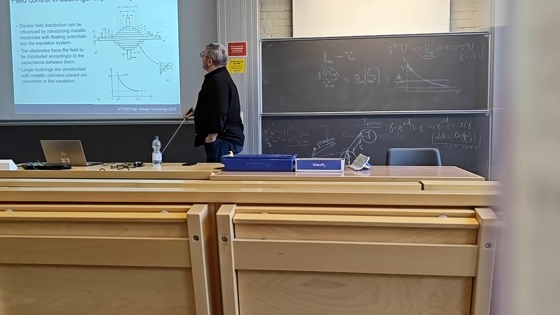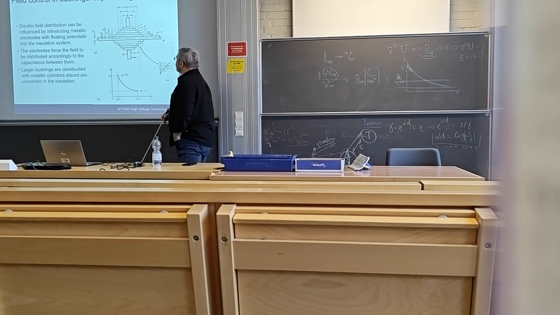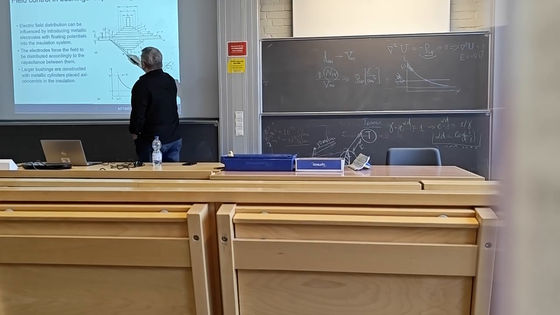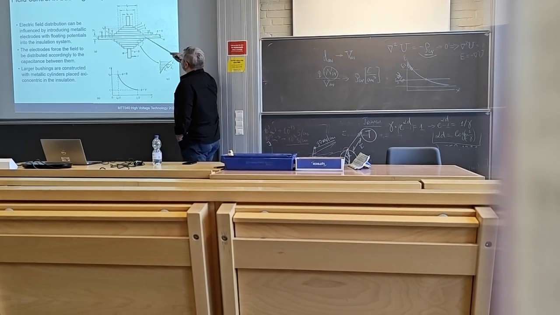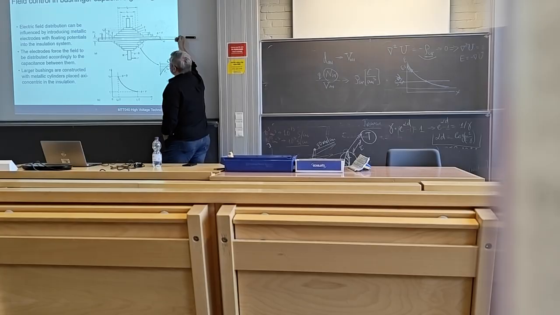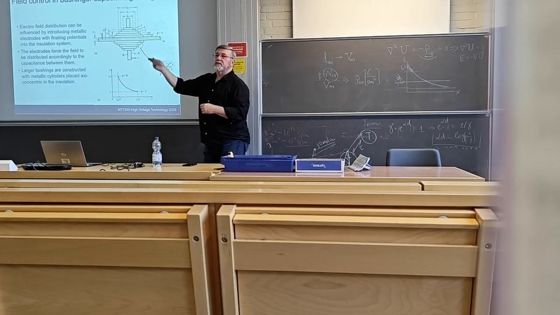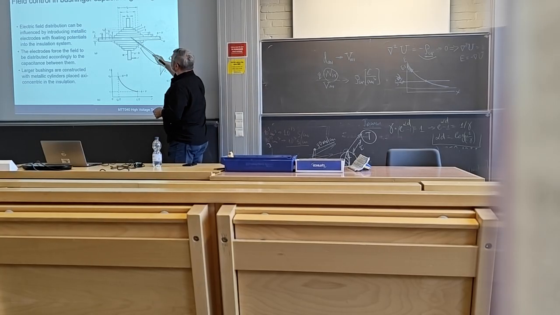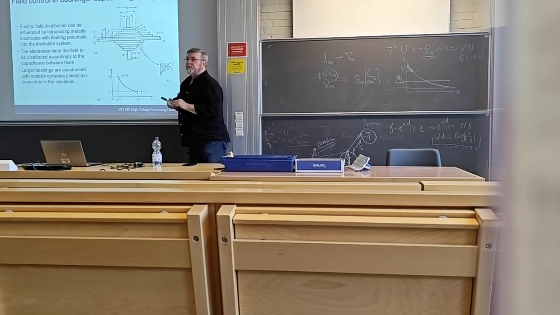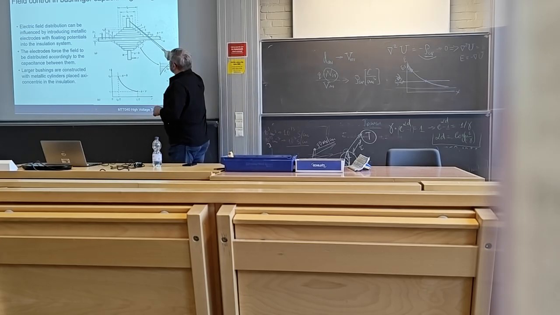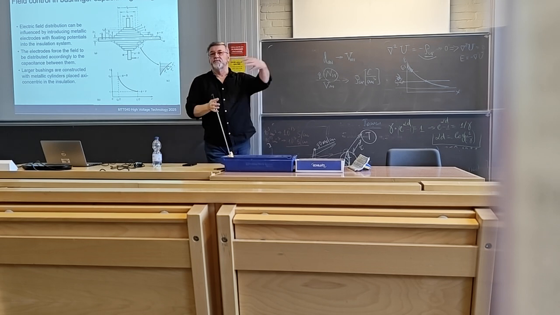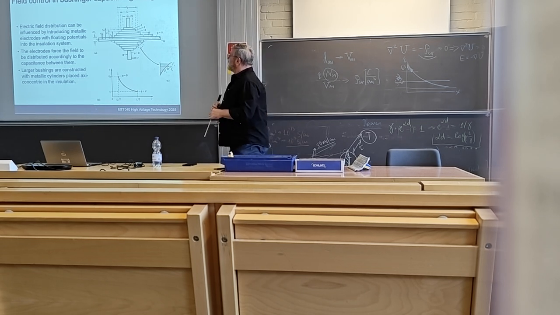Yeah, another example here, I already showed this. It's a bushing. So you have the central conductor, then you have the capacitive elements, already with the grading, right? It's insulating layers covered with the foils, and then you have the wall, which is grounded, whatever it is, transformer tank or the wall of the lab.